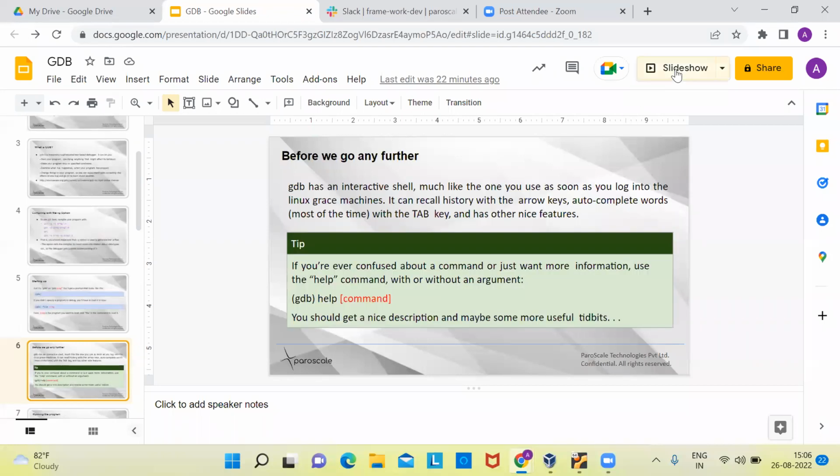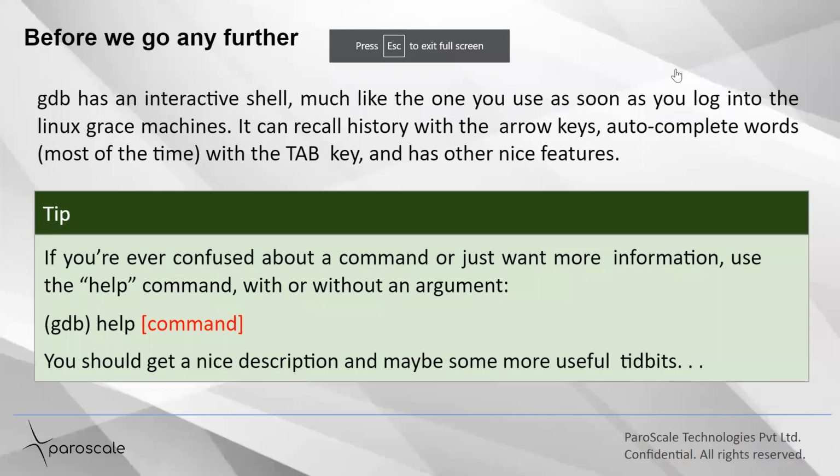Before going to further steps, GDB has an interactive shell, much like the one you use as soon as you log into the Linux machines. It can recall history with the arrow keys and autocomplete words with the tab key, and it also has some nice features. If you want to learn about the GDB commands, you can just use the help command. In GDB interactive mode, you can just type help, and it will show you the different commands.